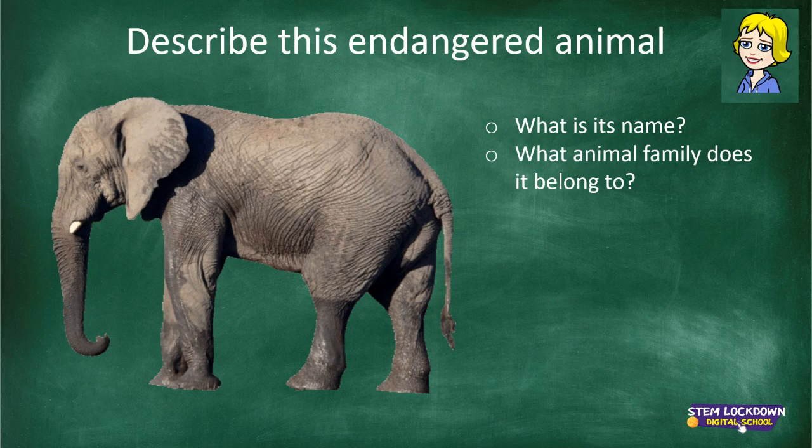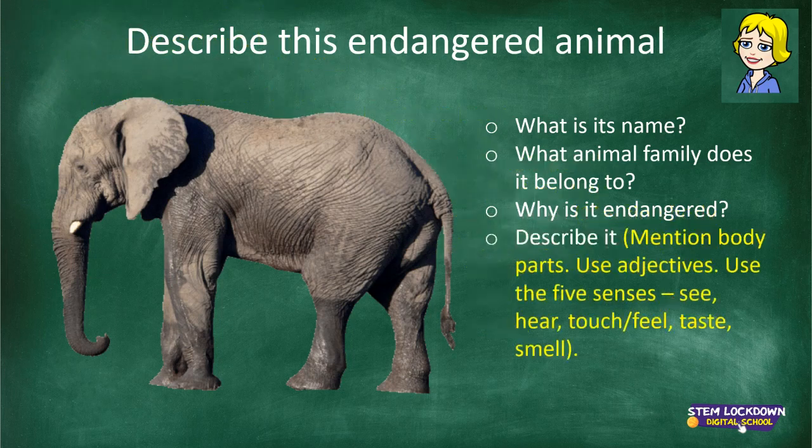And then after that, we'll write which family it belongs to, such as the mammal family. Can you see how its ears look like the map of Africa? And mention one reason why it's endangered. And then you describe it.